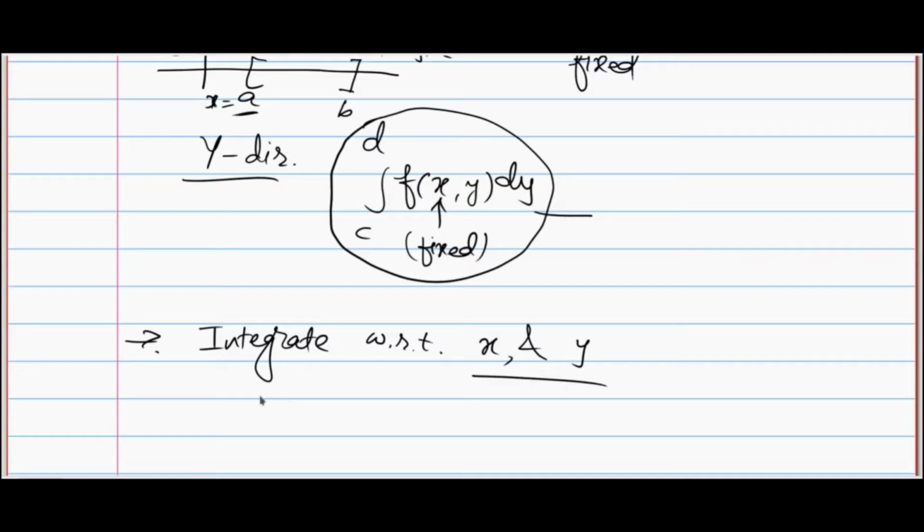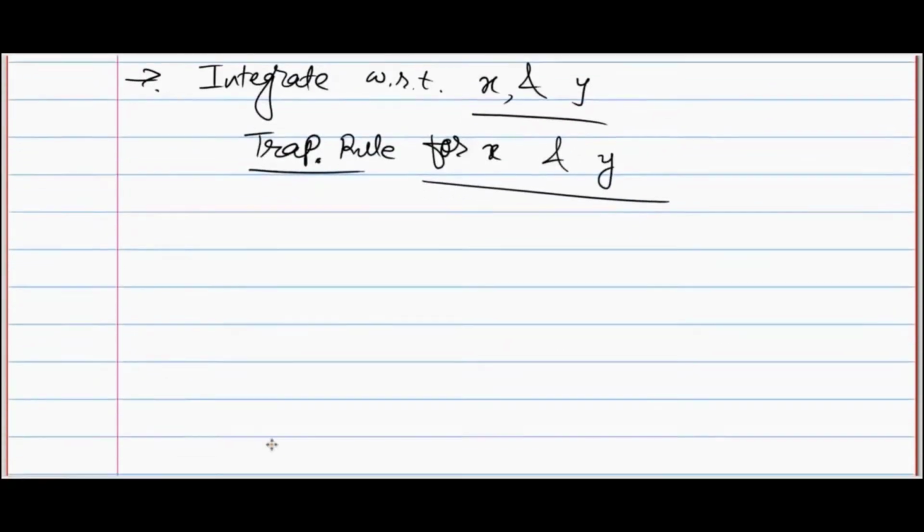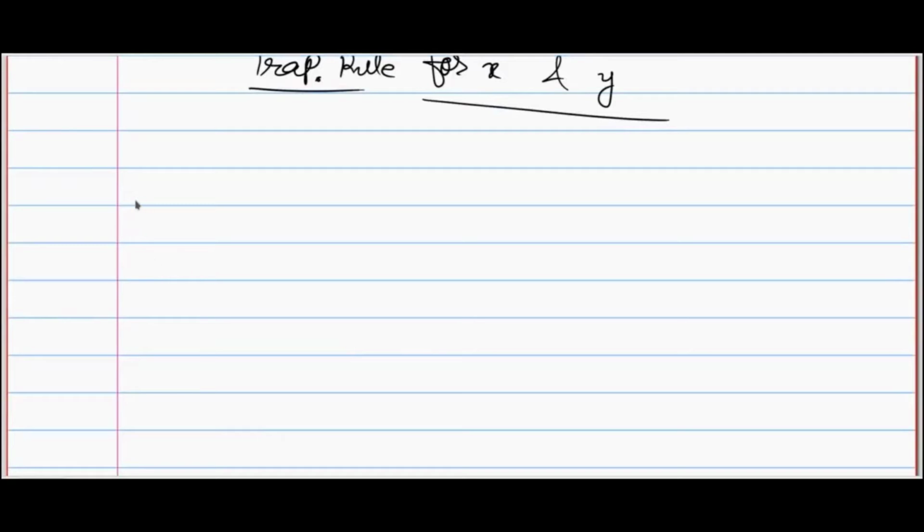For example, the trapezoidal rule: a trapezoidal rule for the x direction, and then we can also apply it for the y direction. In this way we can develop a trapezoidal rule for both directions. Now let's see one by one how to develop the first one, the trapezoidal rule for the double integral. I am just writing in short here.